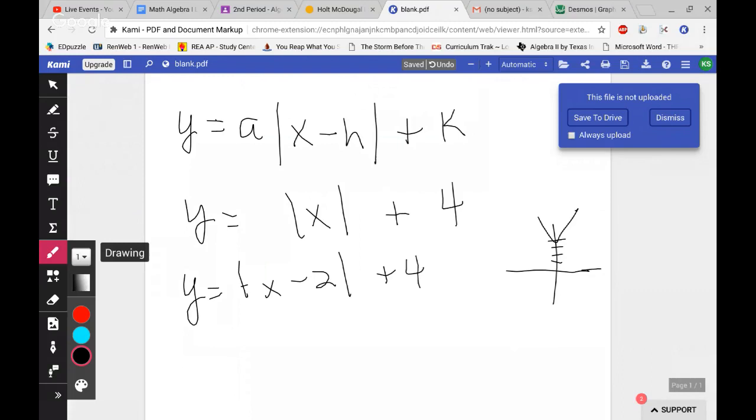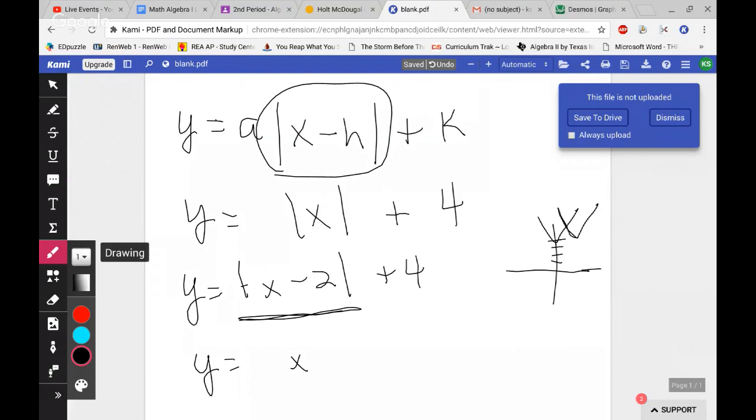If you had this, since it's inside this part right here, that's where the H is affected. So it's going to move right 2 and up 4. So this one looks like that. So it actually has to be inside, so like on the cubic, for it to move, it would have to be inside this cubic thing, inside either the parentheses, the absolute value, or the square root.